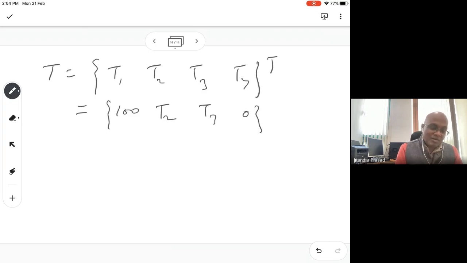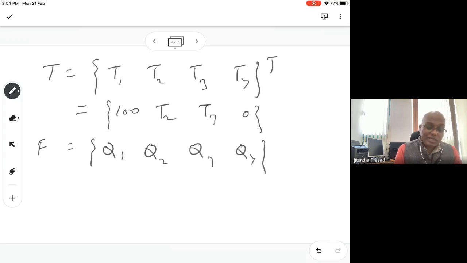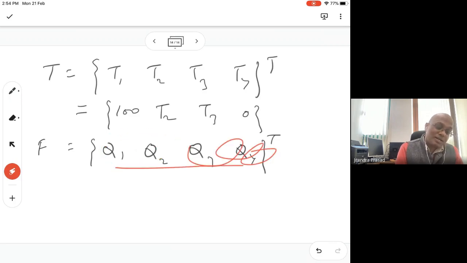Now we have to find out the F vector, right? And for that, F equal to, we will have Q1, Q2, Q3, Q4, transpose of that, and we can now calculate how they are. There are many things that come here, as you know, right?